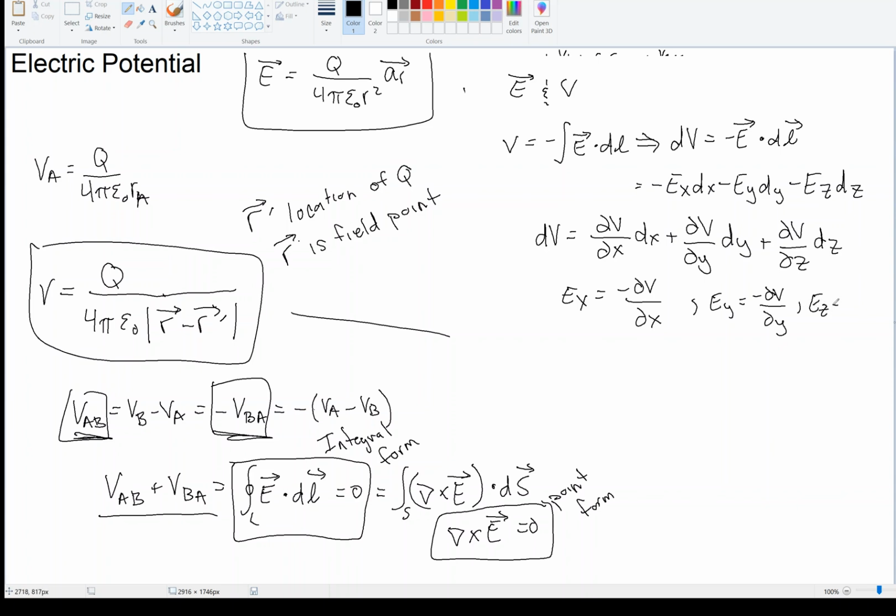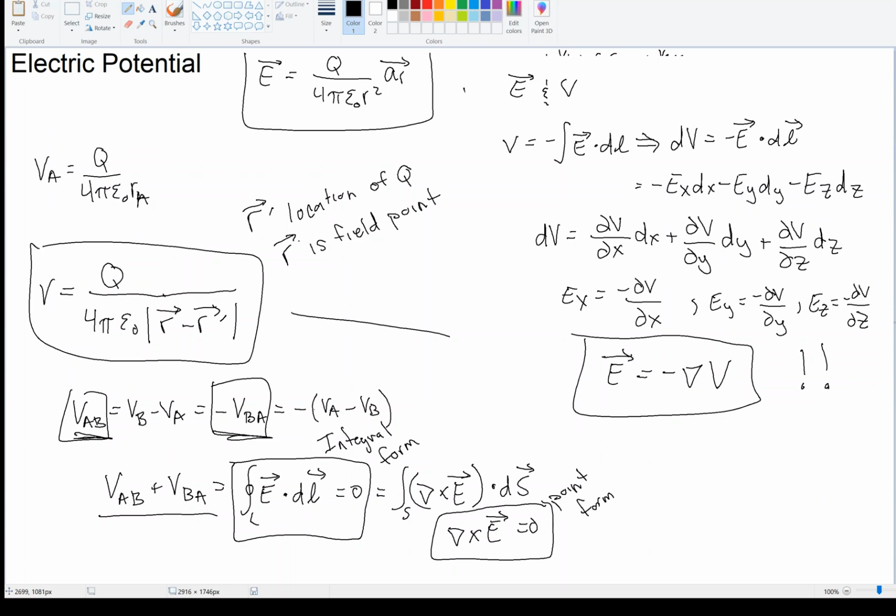Ez is negative dV dz. So what does that mean? Well, and here's the punchline. The electric field is the negative of the gradient of V. Awesome, right? E is the negative gradient of V.